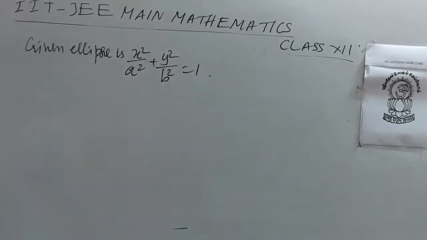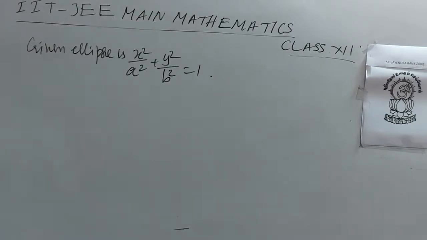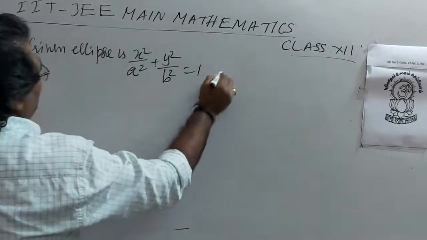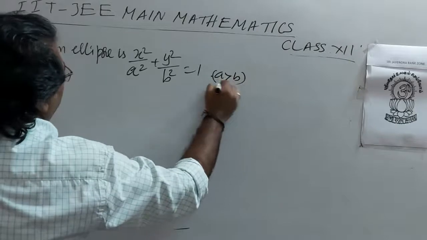Given the ellipse x squared by a squared plus y squared by b squared equal to 1, where a is greater than b.